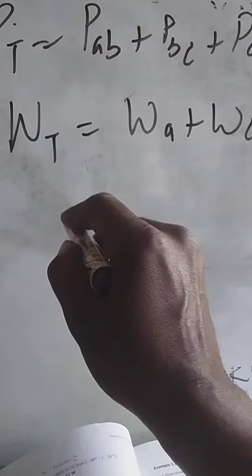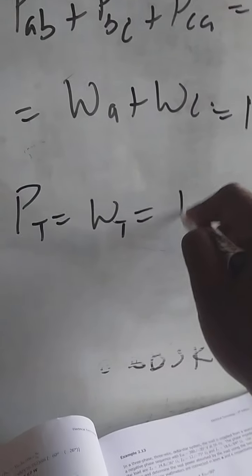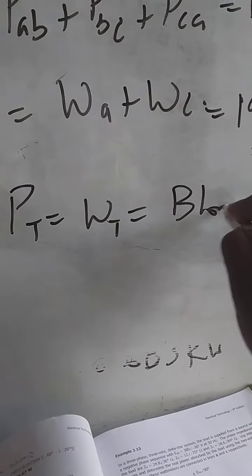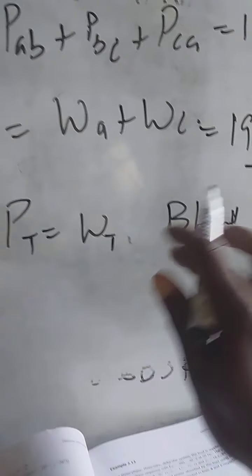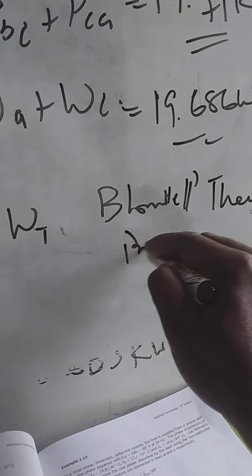So that shows that Blondel's theorem is proved. That means your P total is equal to your W total. Blondel's theorem proved. Thank you.